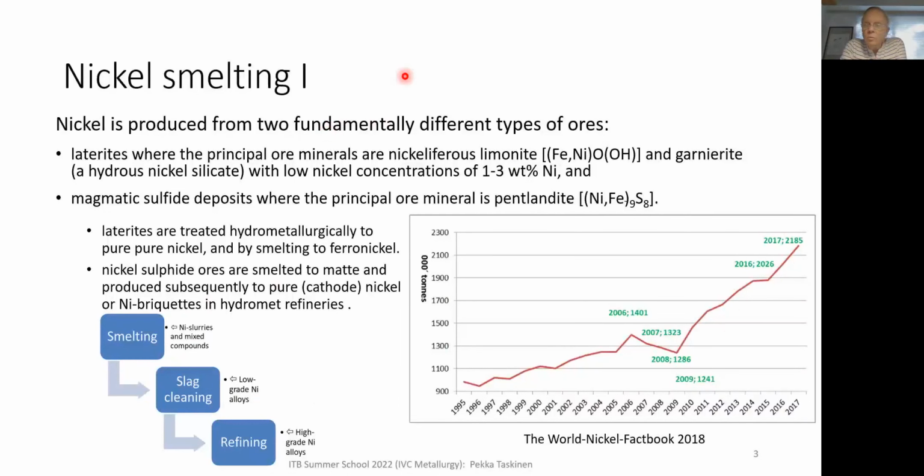So we have two sources of nickel in the world. So two types, or different types of ores available. The large amount of nickel is available in various laterites, which are oxidation products of nickel sulfides, and they are available mostly in tropical environments.